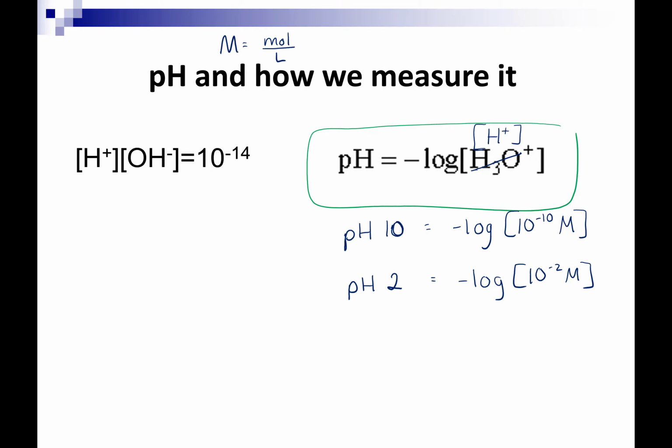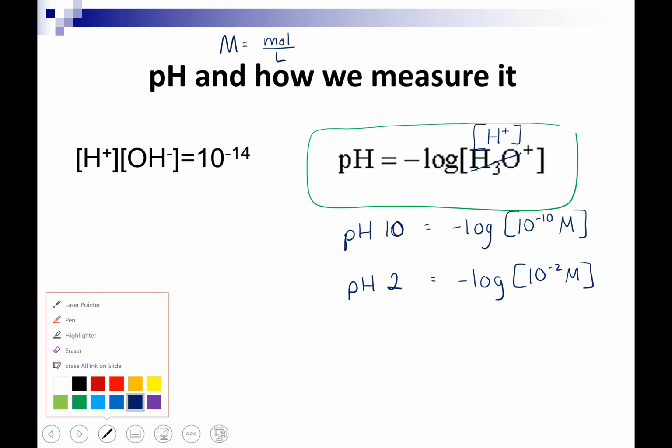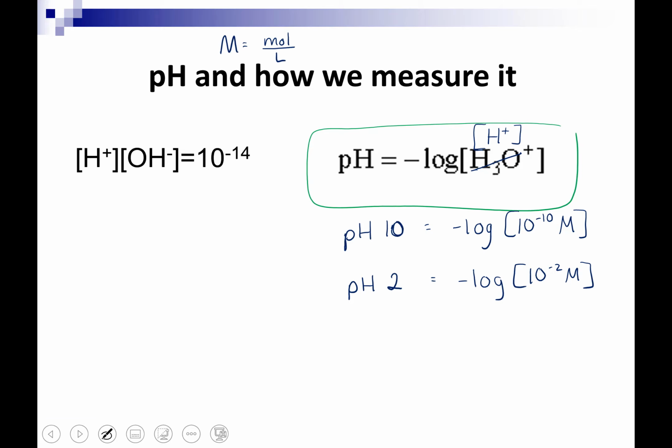So I want you to take a minute and look at these crazy equations and see if you see an easy relationship. That easy relationship is, I want you to see the pH number is the same as this exponent, just positive, right?